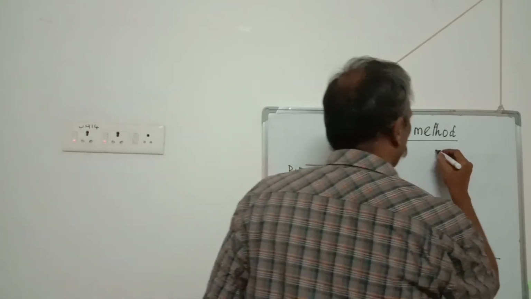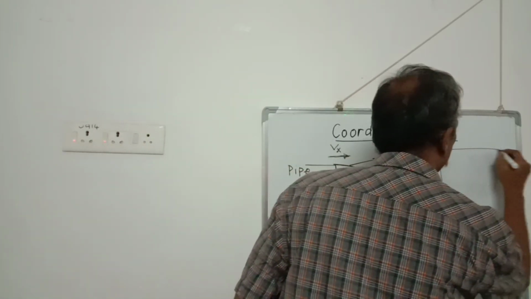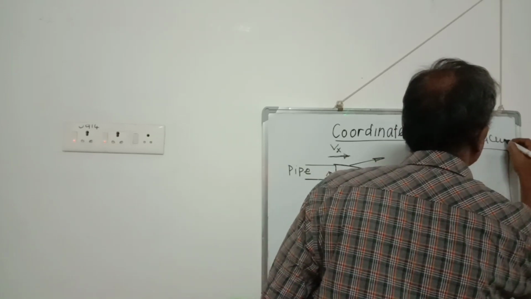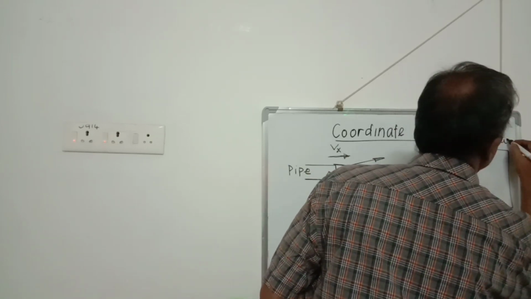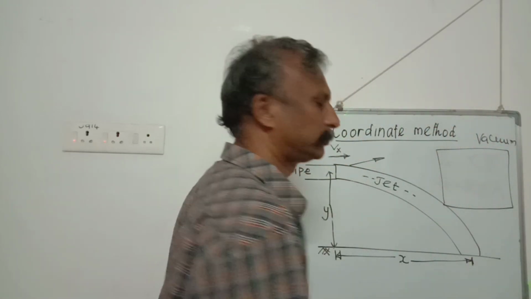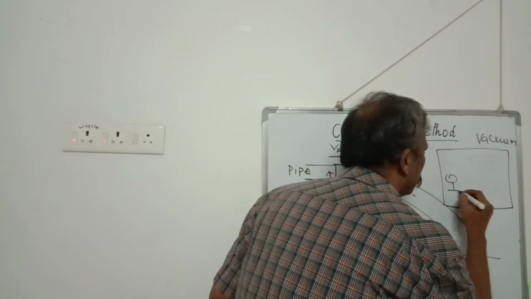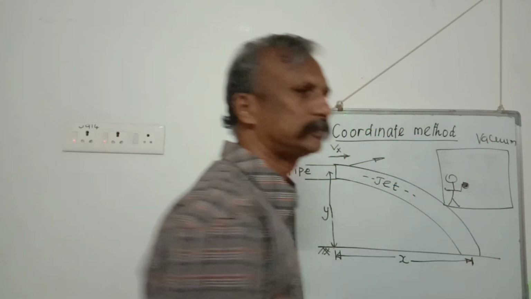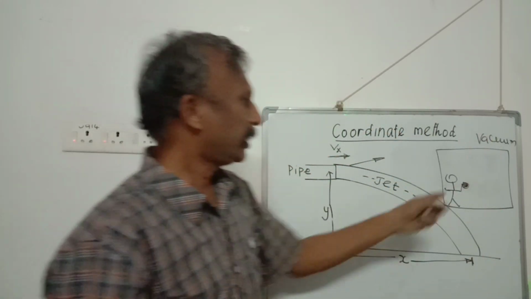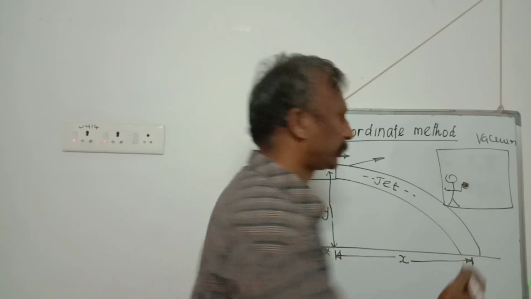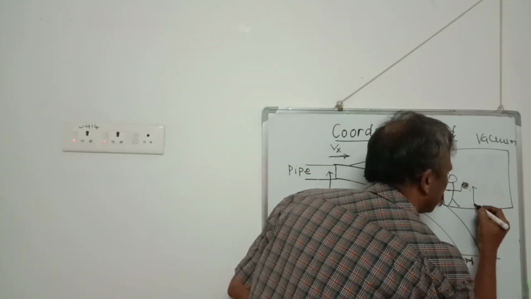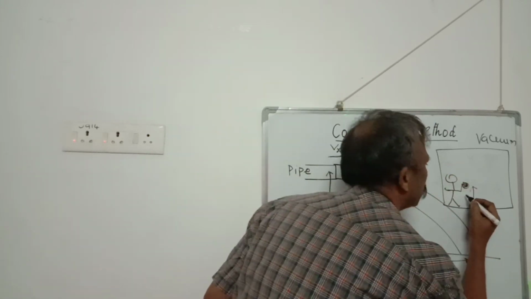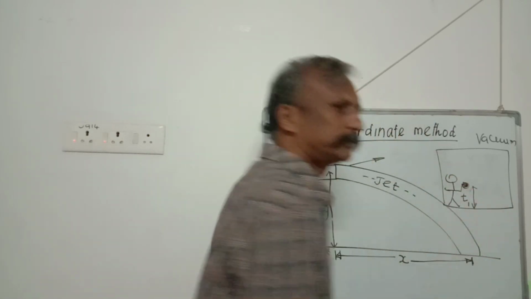We will take a vacuum room. It is a vacuum room, and a person is holding an object, and he allows the object to fall down. Let us assume that the time taken for the object to fall down from here to here is t1.